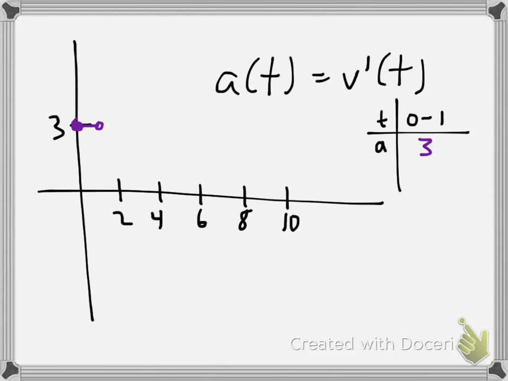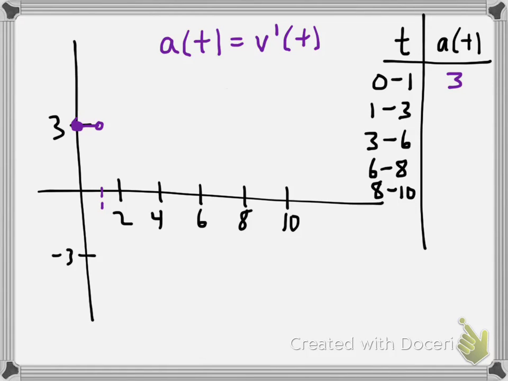It's constant slope, and there's 1 right there. Then from 1 all the way to 3, you go down 3 and over 1, so the slope is negative 3. The slope of the tangent line, or the slope of the curve at the point, is going to be the acceleration. And so we have the slope being negative 3.